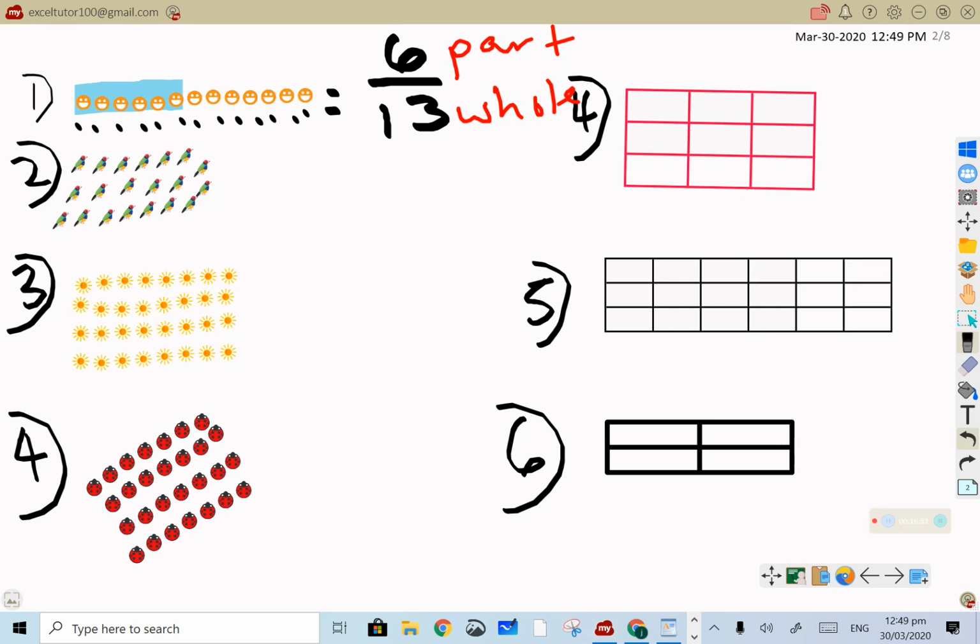Now here we have a set of birds. Now we have to try to figure out how much. Again, we have our line to separate our part from our whole. We're going to put the whole at the bottom, creating a denominator. So we have to try to figure out here how much is the whole. So you can take your time and count. 1, 2, 3, 4, 5, 6, 7, 8, 9, 10, 11, 12, 13, 14, 15, 16, 17, 18, 19, 20.